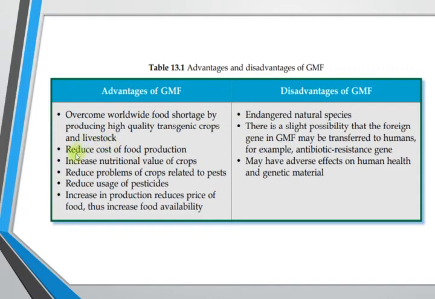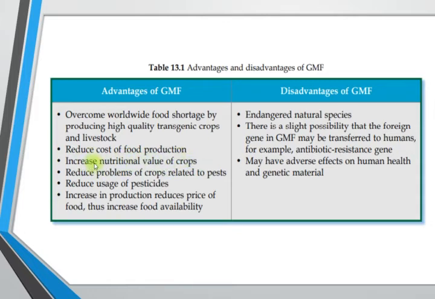Okay, the second one, reduce cost of food production, because the food is produced in large quantities and at very high speed. The third one, increase nutritional values of the crops.